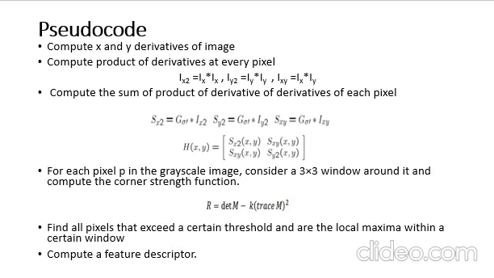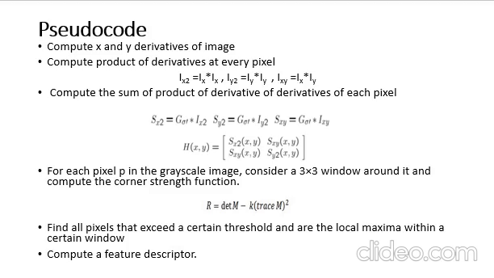Next step is to compute the sum of products of derivatives at each pixel, which is Sx squared, Sxy, again Sxy, and Sy squared, and we will write it in a Hessian matrix.